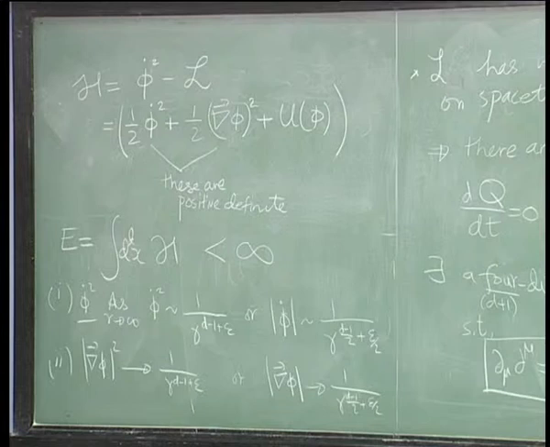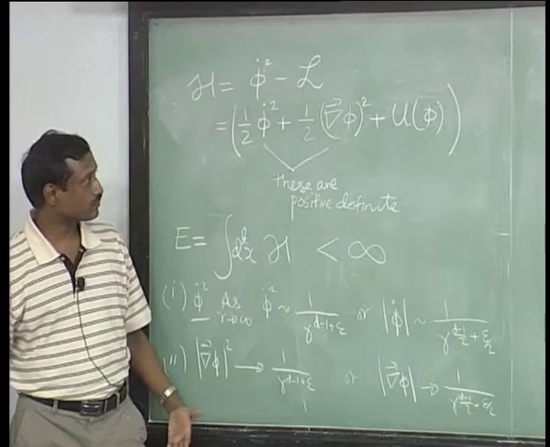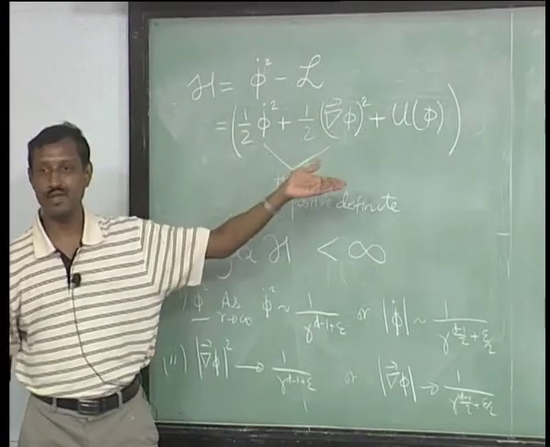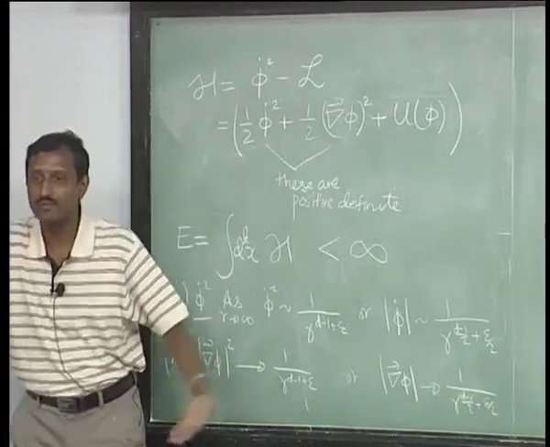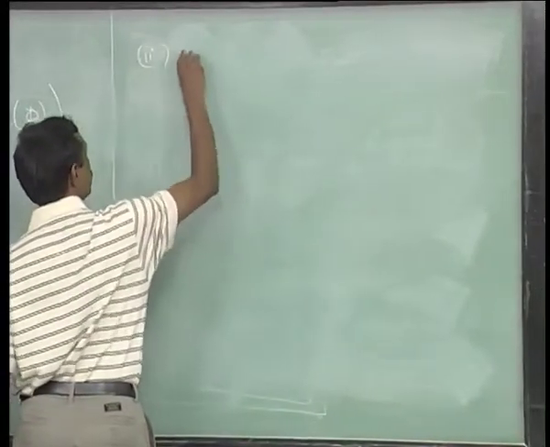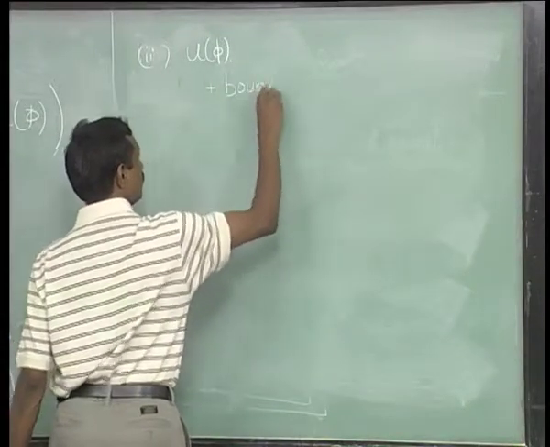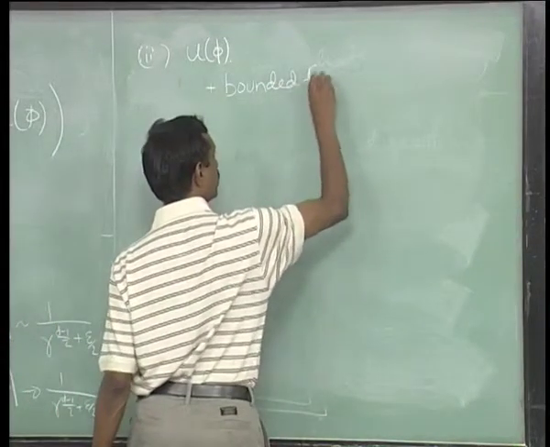What about U of phi? Okay. So now comes the thing. First thing is, if you want things to be positive definite, we will require U of phi to be bounded from below. So the third part is conditions on U of phi, bounded from below.